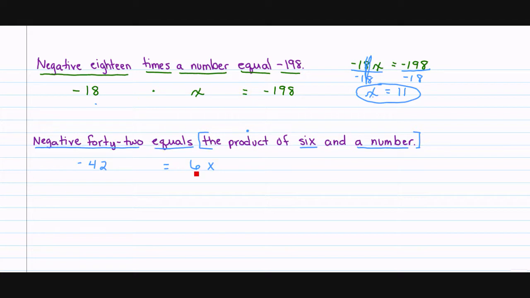In order to solve, I need to isolate my variable. I need to divide both sides by 6 because the 6 is connected to the x through multiplication. The opposite of multiplication is division. That equals 1. Bring down my equal sign. X equals negative 7.